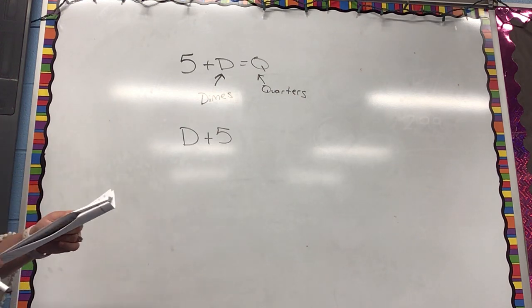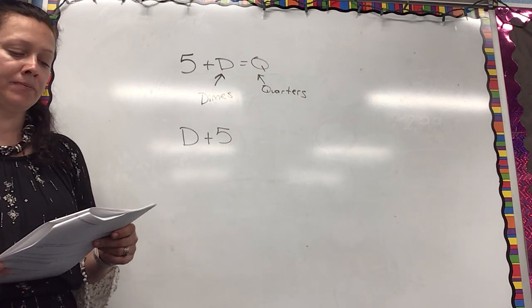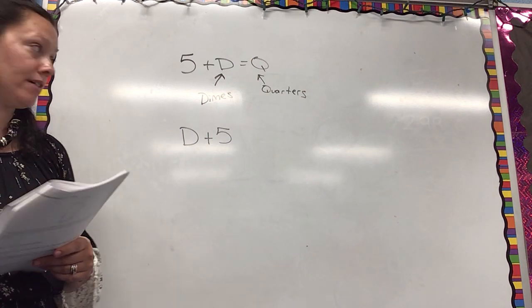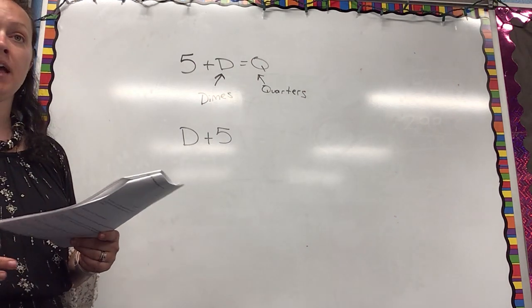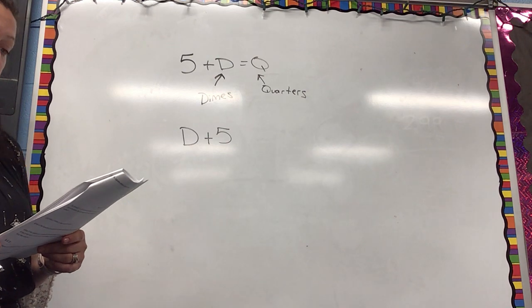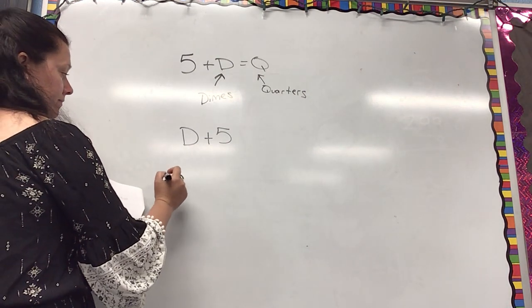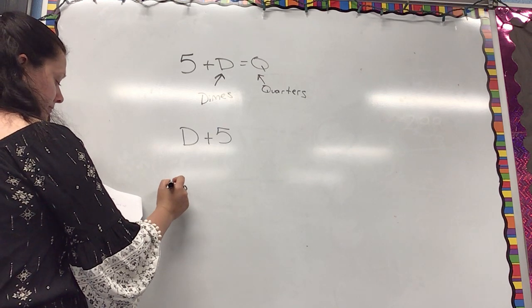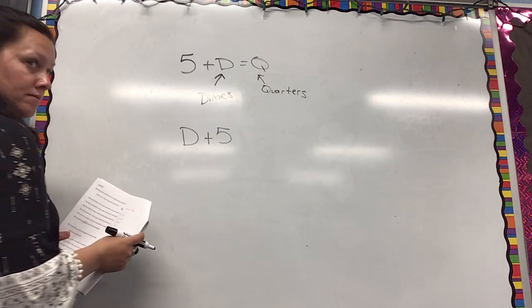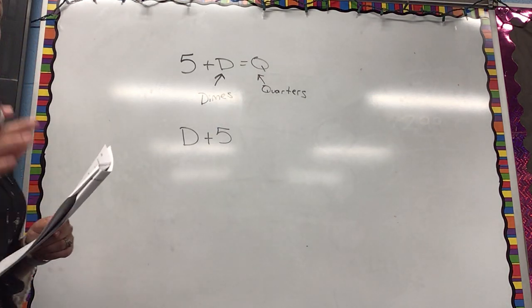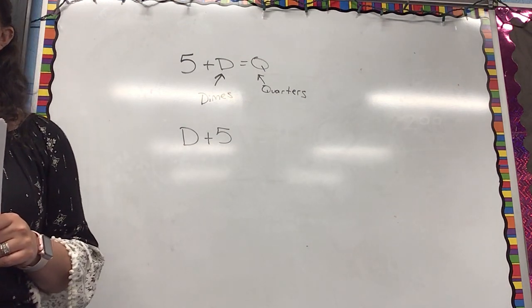All right, the next one. She has 8 dimes. How many quarters does she have? What is your expression then? Mimi? Mine is D. D is just a variable. I want a whole expression here.